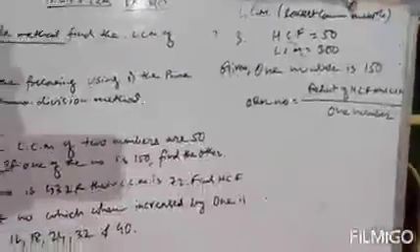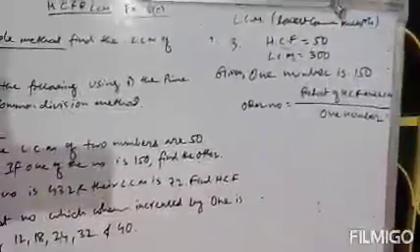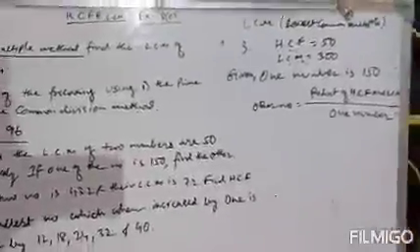This is the formula. If HCF and LCM and one number are given, the formula for finding the other number is the product of HCF and LCM divided by one number.